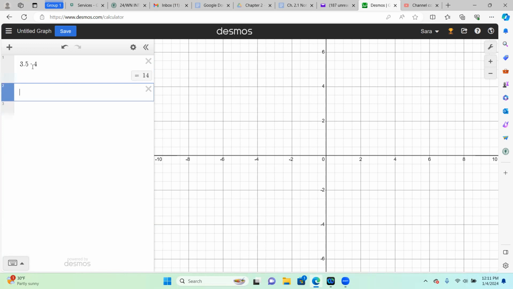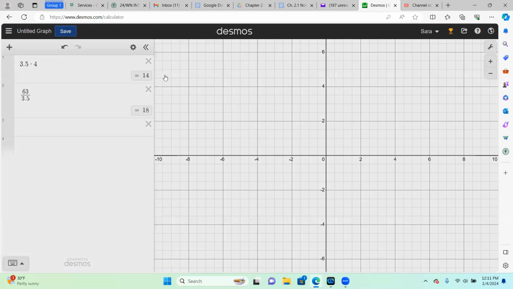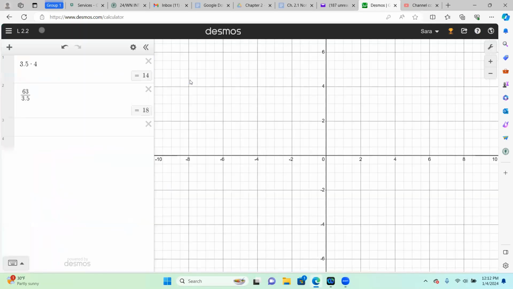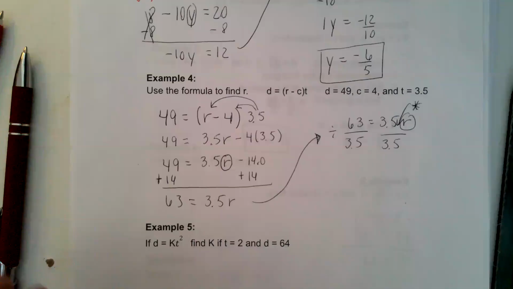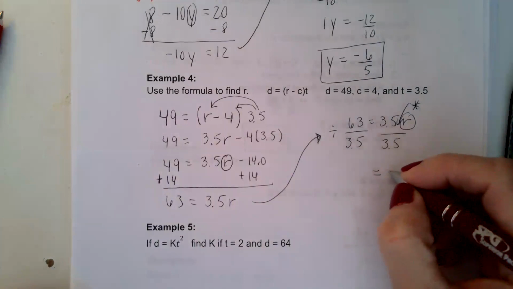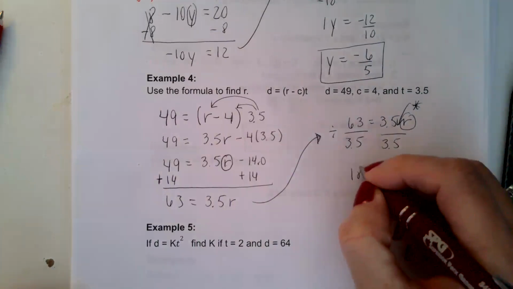So then we have 63 divided by 3.5 is 18. And remember, if you're working in Desmos for any lesson, it's good for you to just go ahead and save that as lesson 2.2. So if I divide by 3.5, R equals 18.